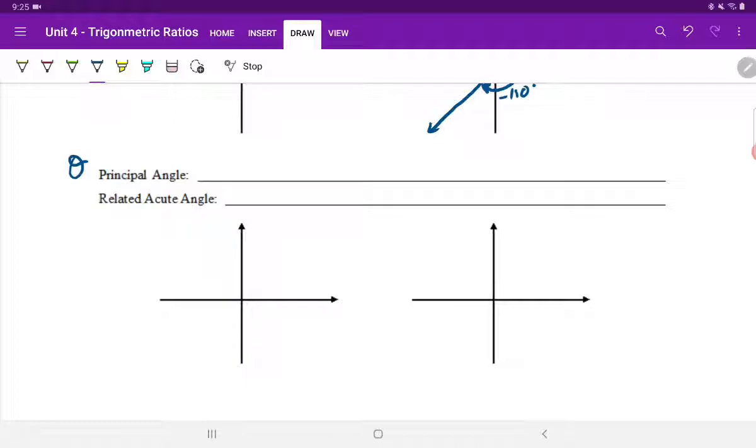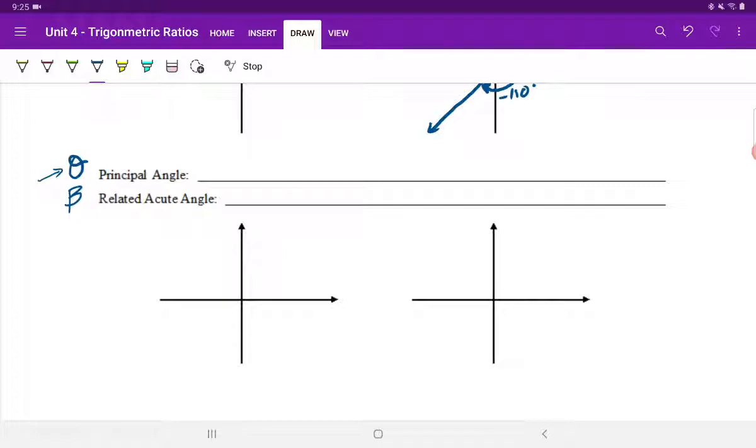And the related acute angle is mostly shown as beta. The Greek letter beta looks like a B with a line that goes further down, and theta looks like a zero with a line drawn through it. That's how you would draw them.